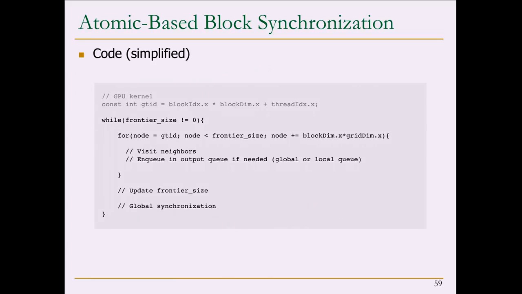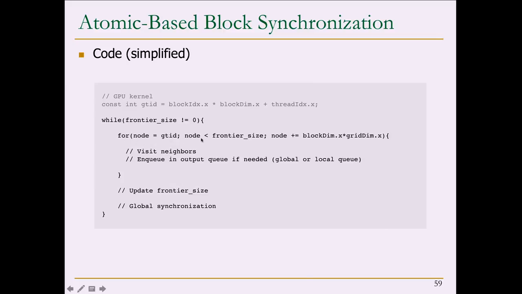Actually, let me show you some code or some pseudocode here. So this would be for the entire kernel 3. We have this while loop while the frontier size is different to 0. That is, while we still have vertices in the output queue, we must keep running.